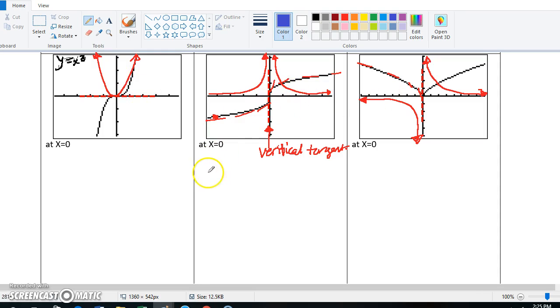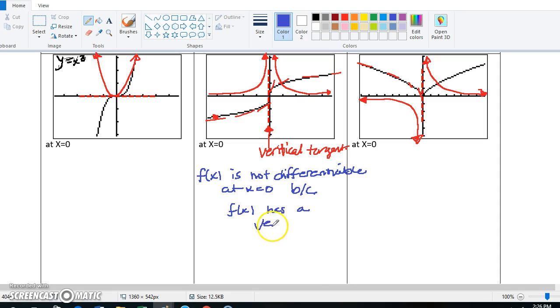The next two graphs, f of x is not differentiable at x equals 0 because f of x has a vertical tangent. That goes for both of these graphs.